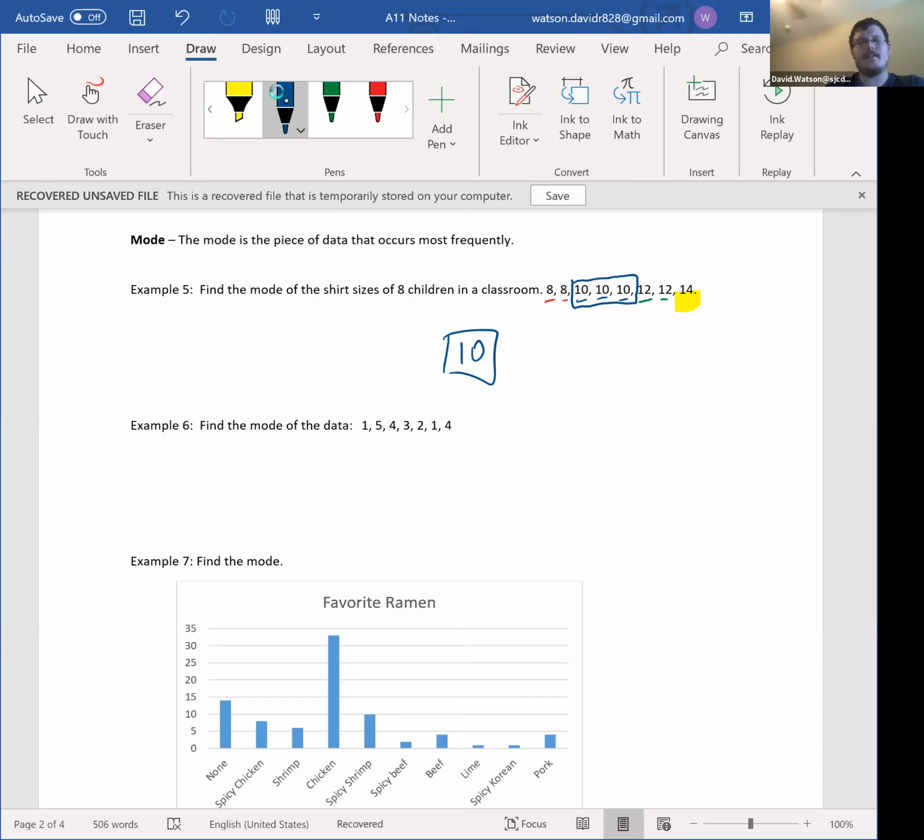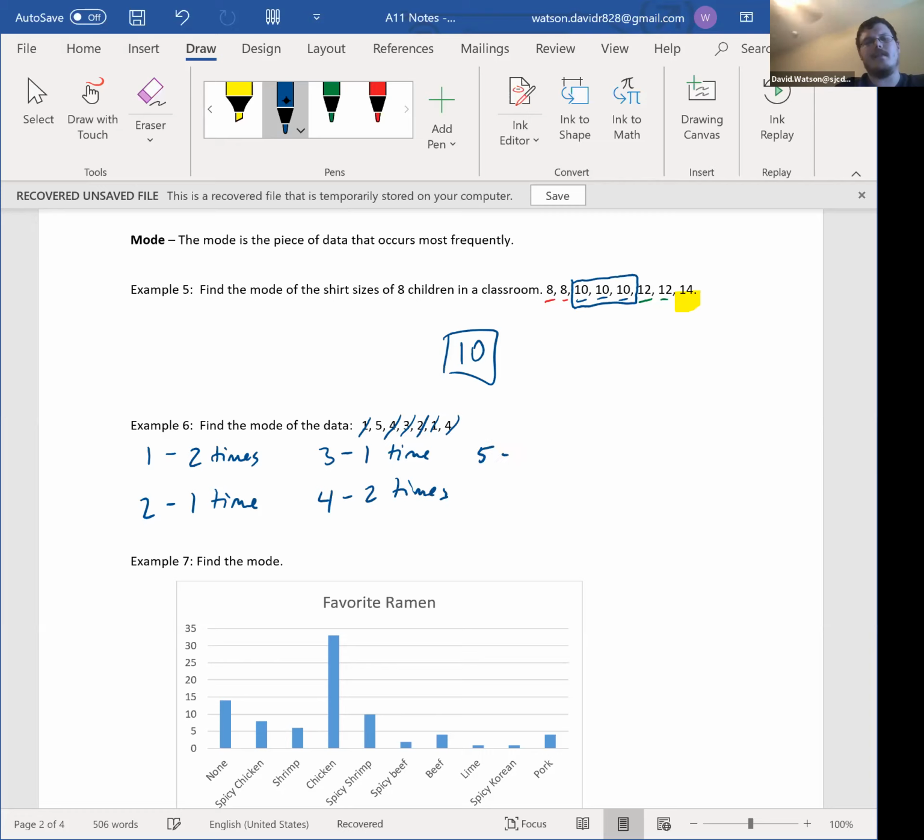All right, example 6. Again, we're just going to look for what value shows up the most. So how many times does 1 show up? We got it once, twice. What about 2? 2 just shows up once. 3, again, just shows up once. 4 shows up twice.